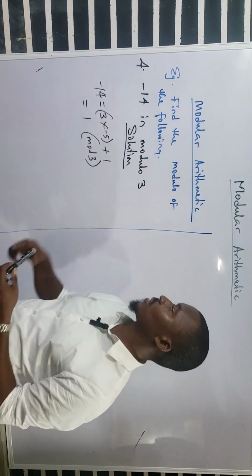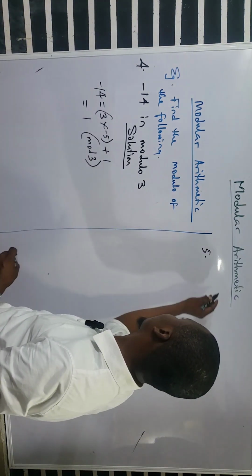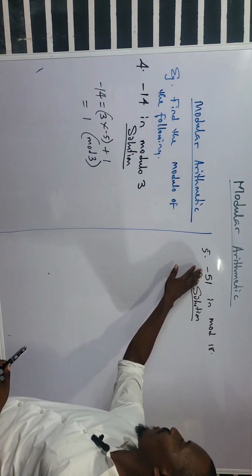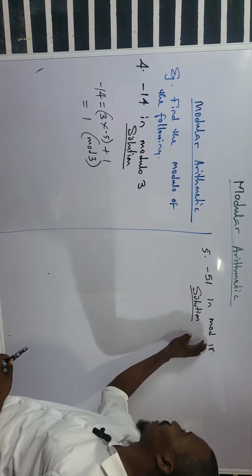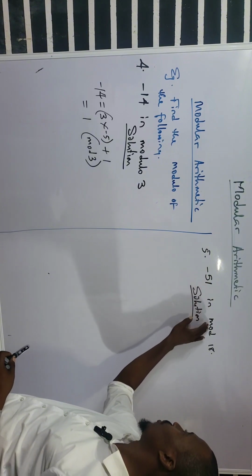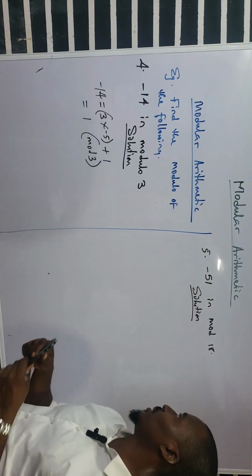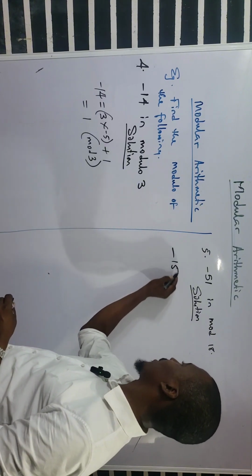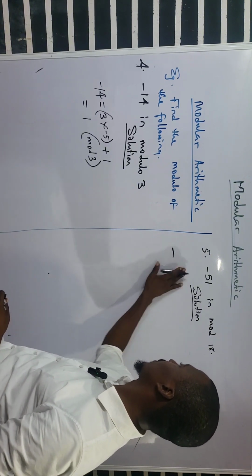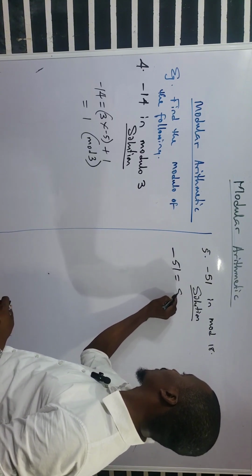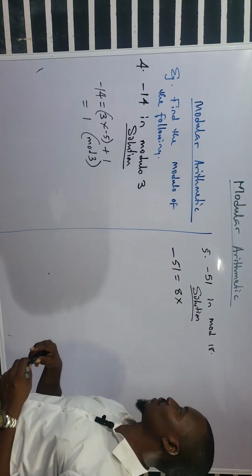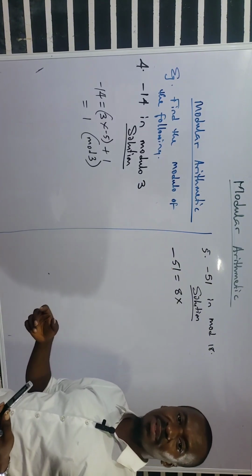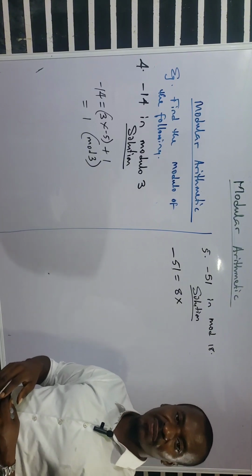Okay, so let us look at example 5. We have minus 51 in modulo 18. So what do we do there? We have our minus 51 equals to 8 times which number will give us a number closest to minus 51? 8 times 6 will give us minus 48.